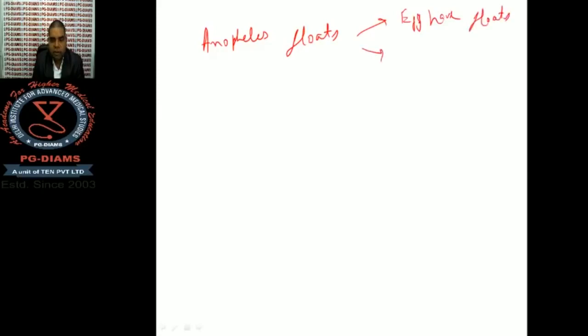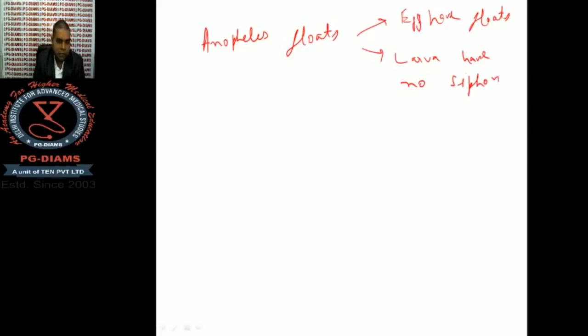One is Anopheles floats. Why does it float? Because the egg has floats, and because the larva has no siphon.